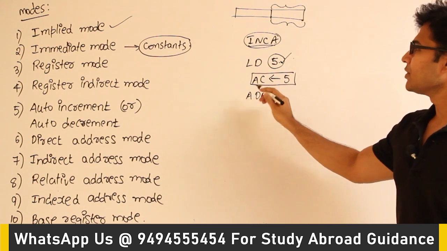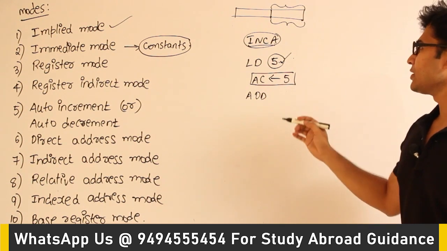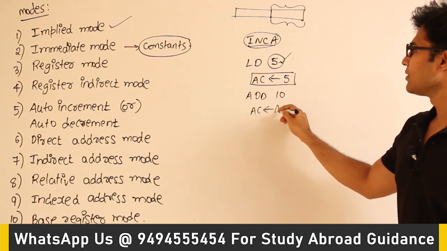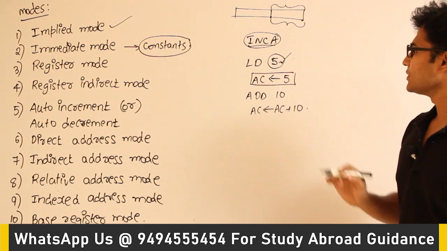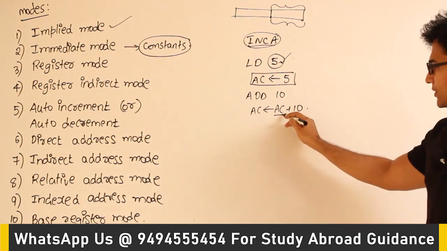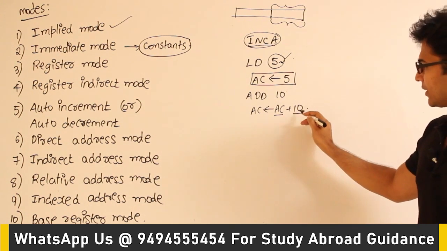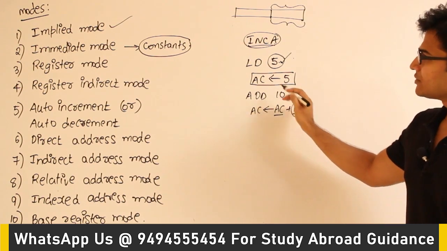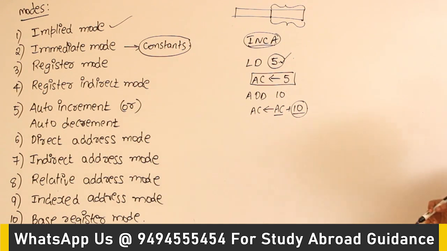If you are using immediate mode and I write add 10, it means that AC should be added with 10. We add the contents of AC and 10, and store the result in AC. Since we are directly using the value, that is why we call it immediate mode.